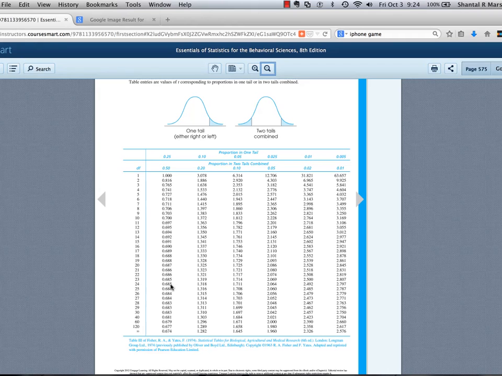So we have 24 over to the 0.05 column in our one-tailed test. That gives us a value of 1.711.